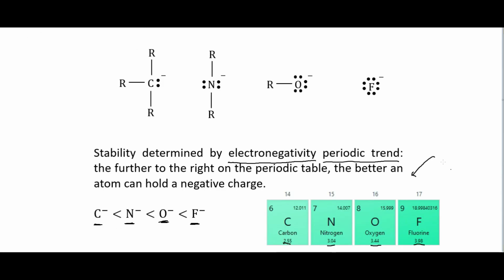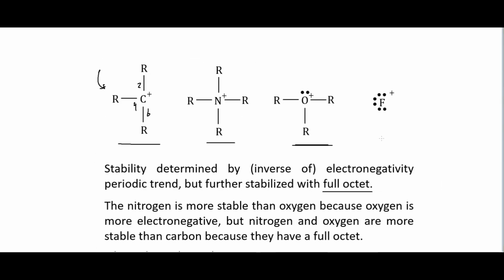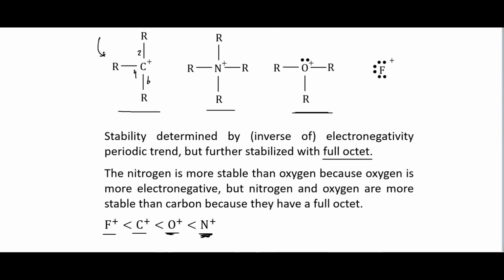The other one is just why these things are more stable, why the fluoride is more stable than the oxide, which is more stable than the nitride, which is more stable than this carbide here. And that's because of this electronegativity trend, and then the positive charge having the stability be based on the inverse of that electronegativity trend, but also based on having a full octet, where we see this carbocation does not have a full octet.